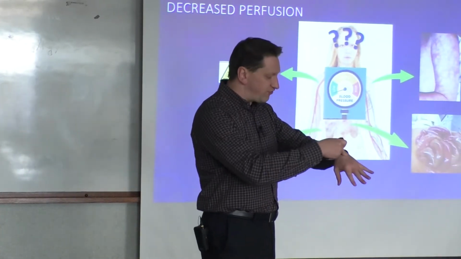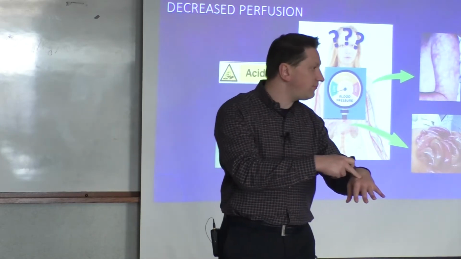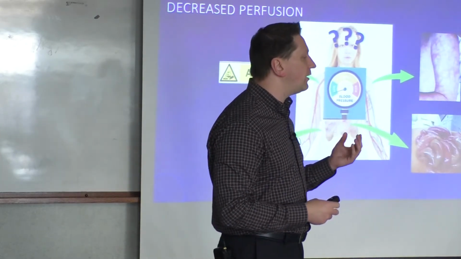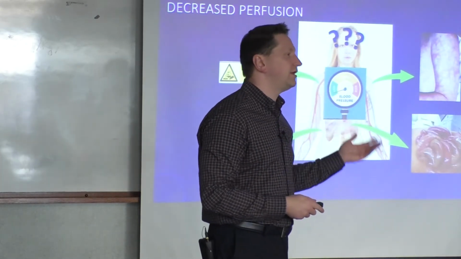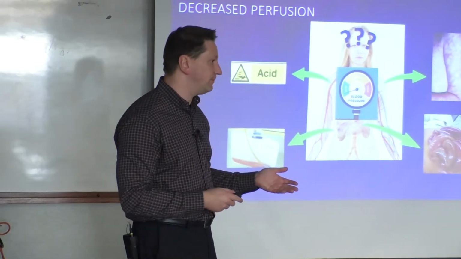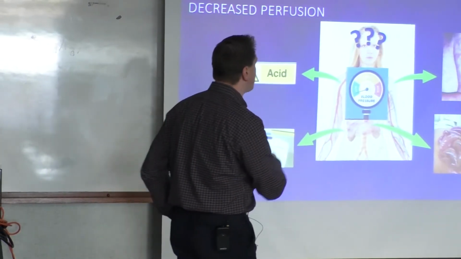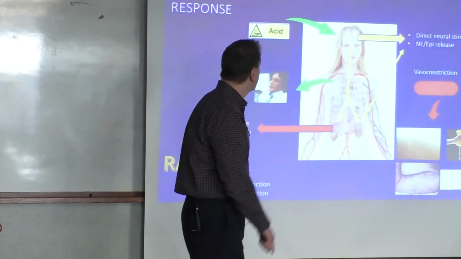You will see slow capillary refill times. You will see a decrease in color and an increase in pallor with the patient, okay? That is a sign that they are vasoconstricting.